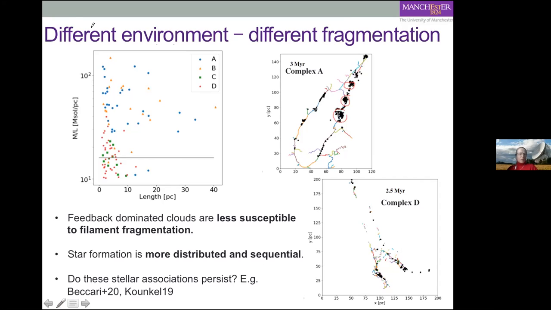Whereas for the environment where you've had greater stirring from supernova feedback beforehand, you find a much more distributed and sequential star formation. So in that case, we have plenty of filaments which are below this threshold for fragmentation, and they just gradually over time evolve above the threshold.